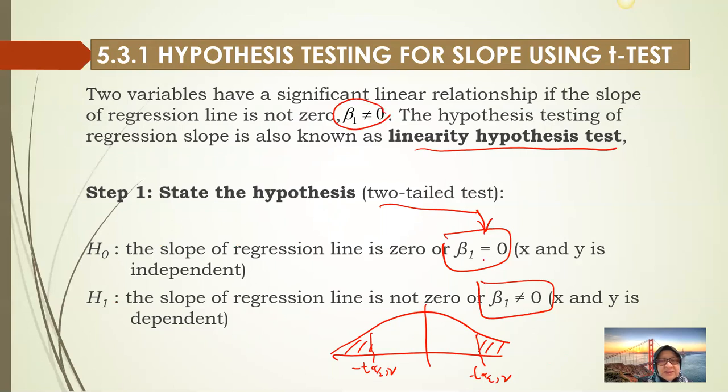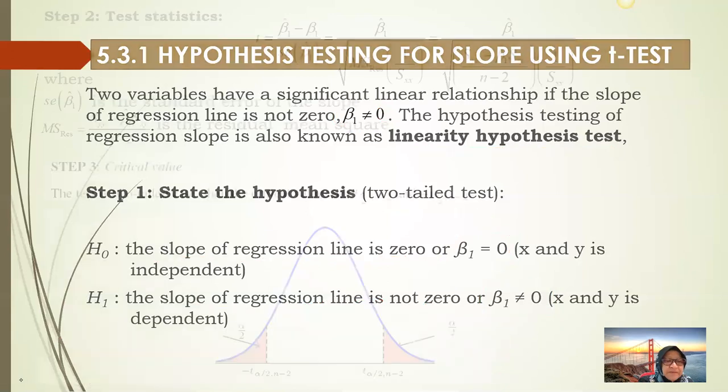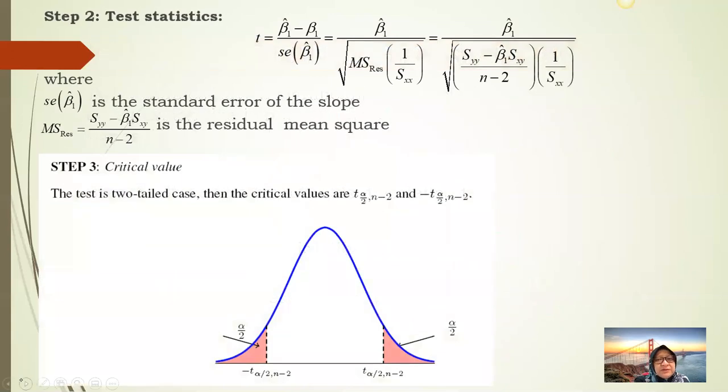For the hypothesis, you either use mathematical symbols to express it, or you can write in words: the slope of the regression line is 0, and the slope of the regression line is not 0. It means the same thing. So this is the formula for the test statistic.